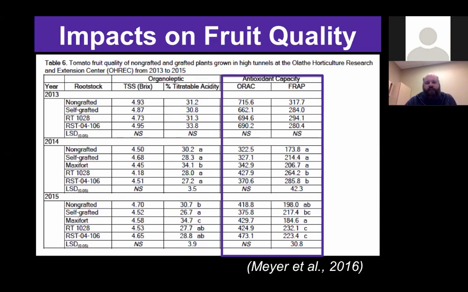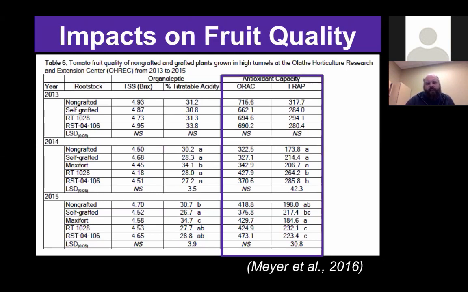One of the things that I found really interesting about this data too, and these are some tomatoes that were grown in a high tunnel, basically with different kinds of rootstocks, is that we did look at the antioxidant capacity, and that's one aspect of nutritional quality of these tomatoes. And there's this predominant theory in the great world of agriculture that whenever we start increasing yield, we reduce our nutritional quality, right?